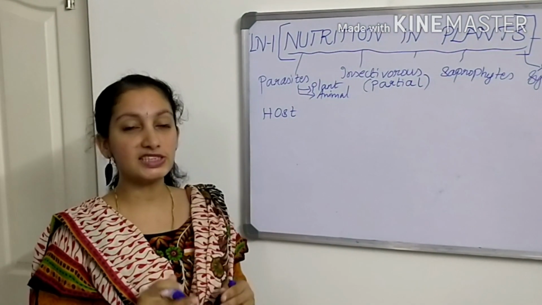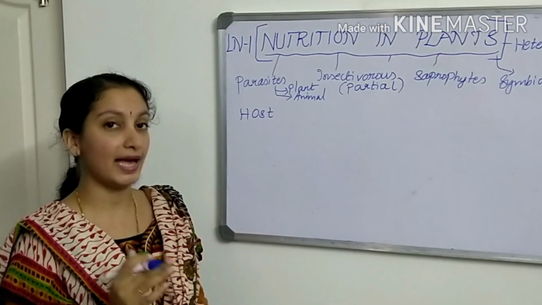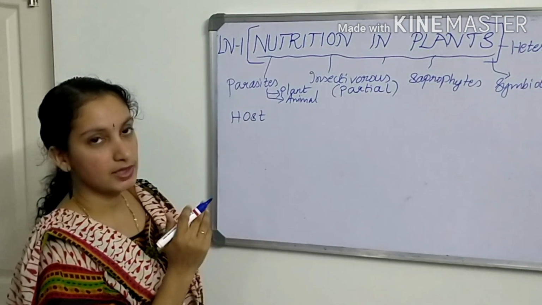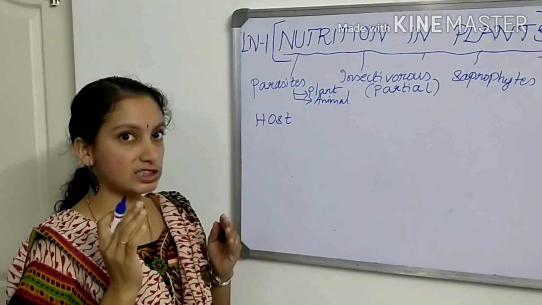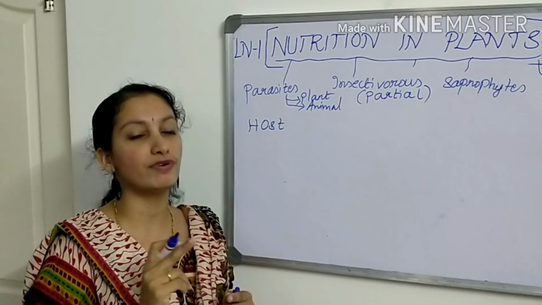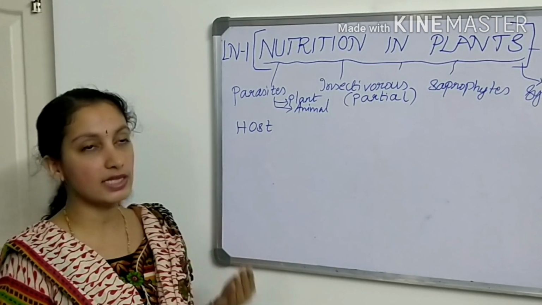The plants which cannot produce food by their own and depend on another plant are called parasites. So we have two terms here. Host means the organism on which the parasite is climbing over to take food or to steal food. That is called as host.